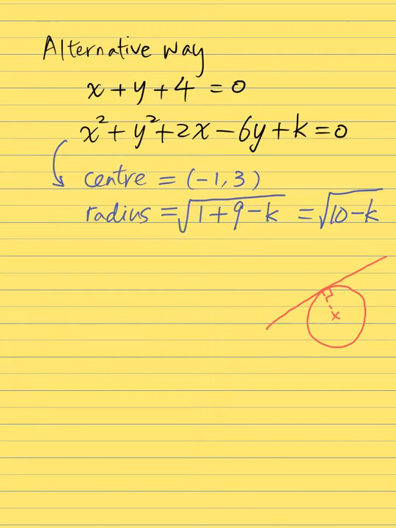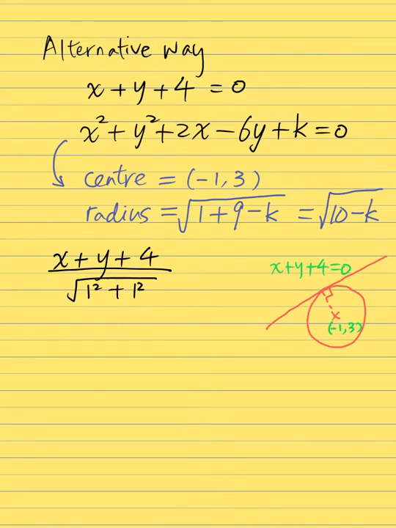So by formula, the distance between the center (negative 1, 3) and the straight line x plus y plus 4 equals 0 can be calculated by (x plus y plus 4) over the square root of 1 squared plus 1 squared, positive or negative, with x and y replaced by negative 1 and 3, which are the x coordinate and the y coordinate of the point.